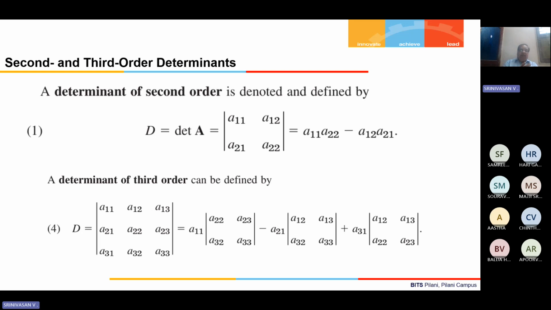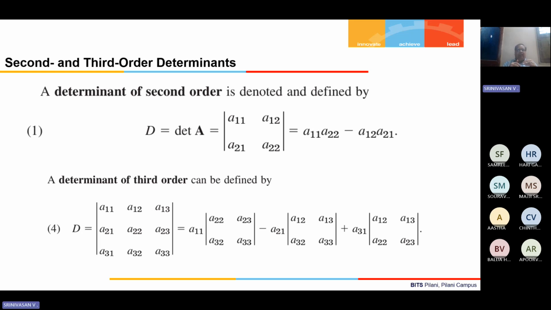To determine the value of the matrix, we remove the brackets but put two parallel lines, to mean we are going to determine the value of the matrix, starting with the determinant of a second order matrix.